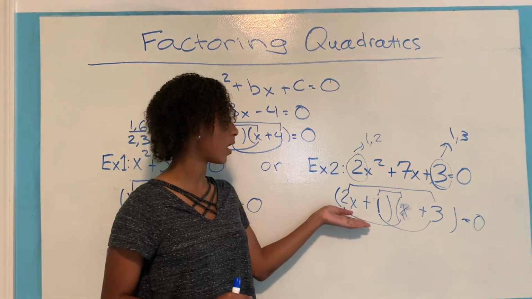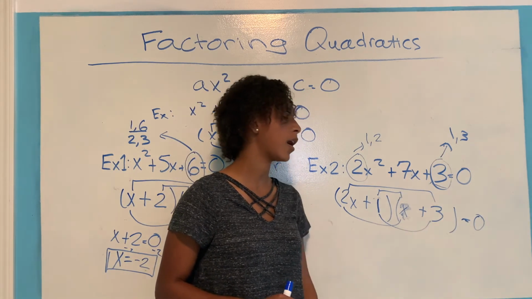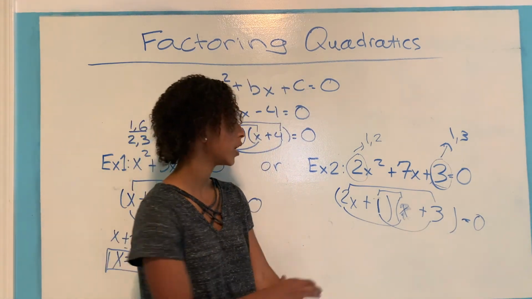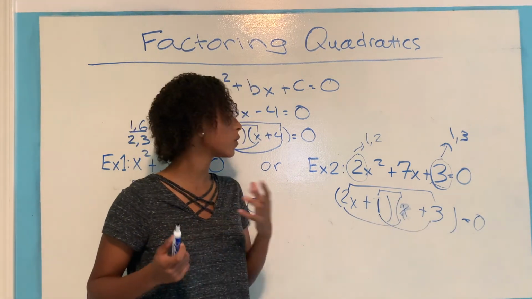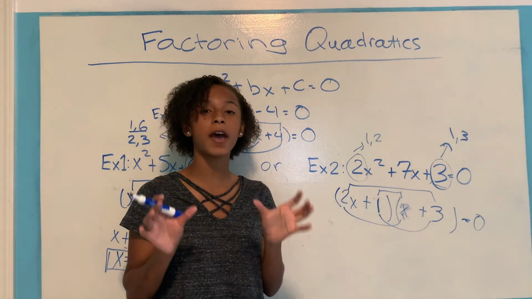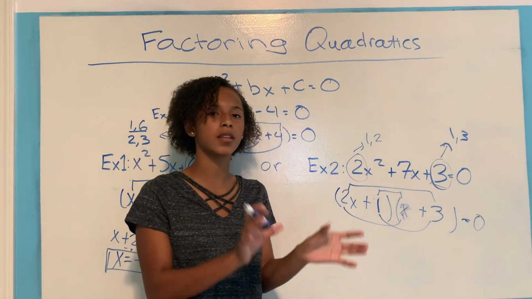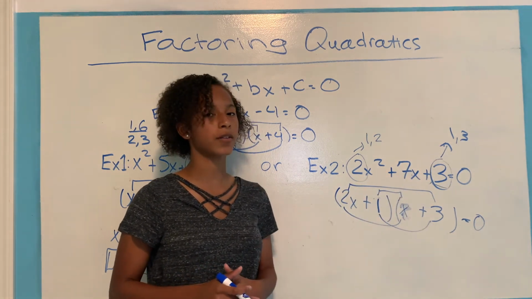So you know that 2x plus 1 and x plus 3 have to be the factors, because if you multiply these together using this FOIL method that we've been talking about, that's how you would get this quadratic equation. That's how you know those are the factors.